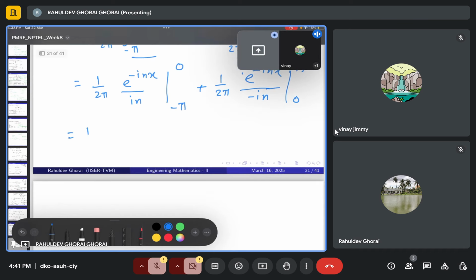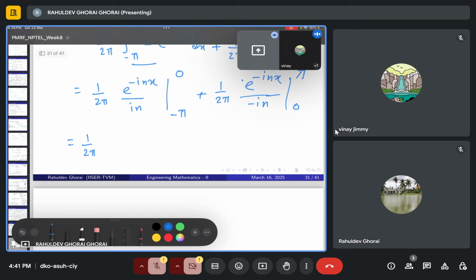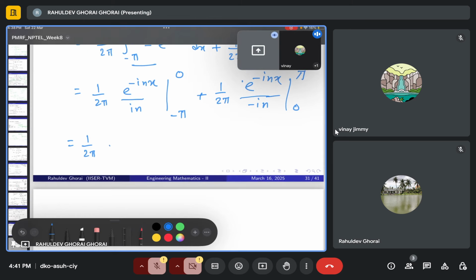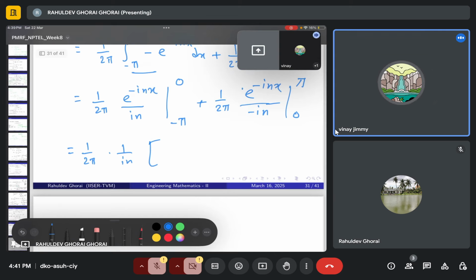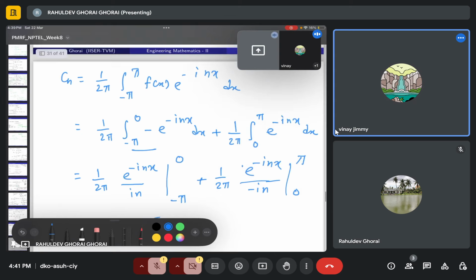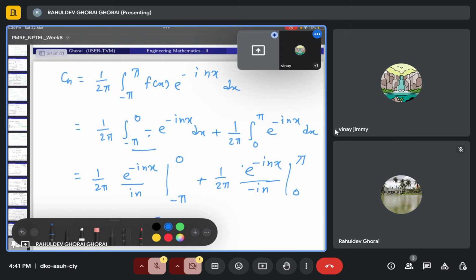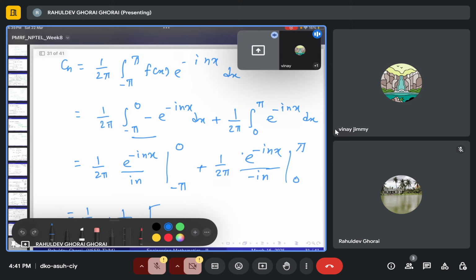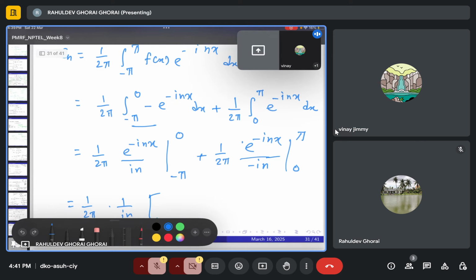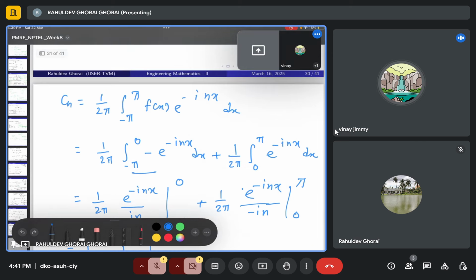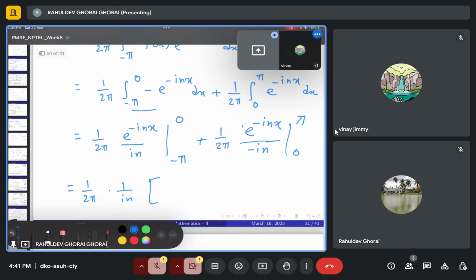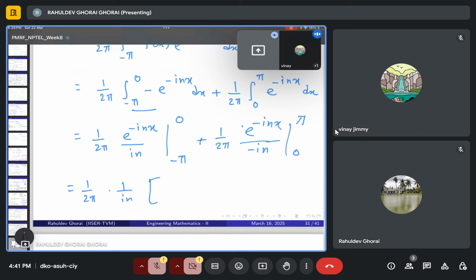If you put it in, 1 by 2 pi, e to the power 0 is 1, so 1 over i n, you can take common for both. Which minus 1? This minus 1? No, but minus i n was there, right? I cancelled it. Minus i n also will come, so that gets cancelled.